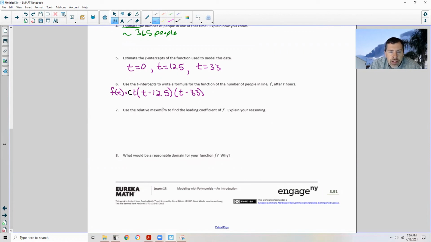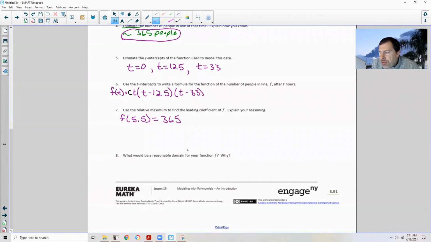So use the relative maximum to find the leading coefficient of f. So I use this relative maximum here of 365. So what I'm going to do is use that value, and that is f of 5.5. So I'm going to say f of 5.5 equals 365.